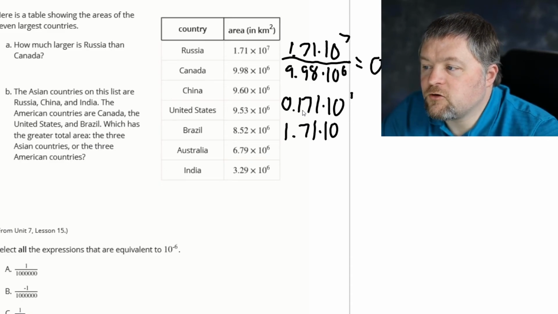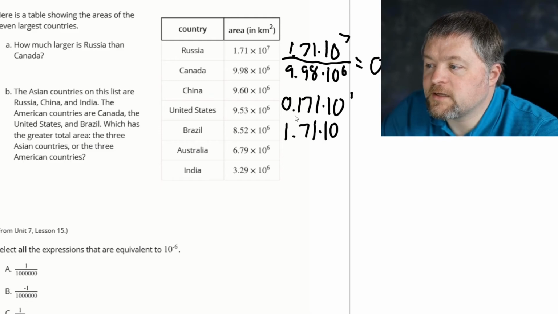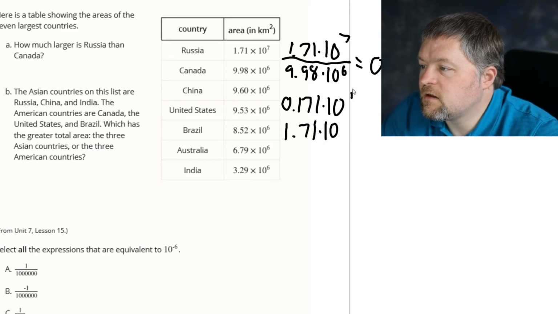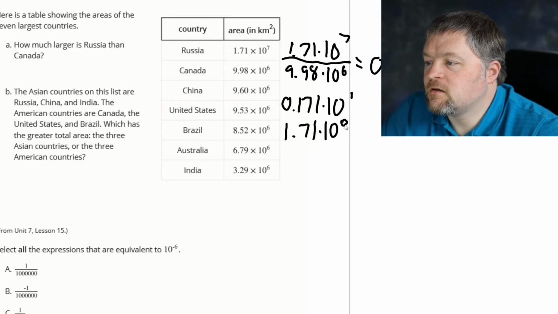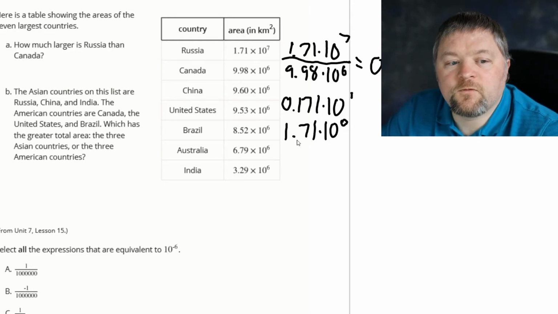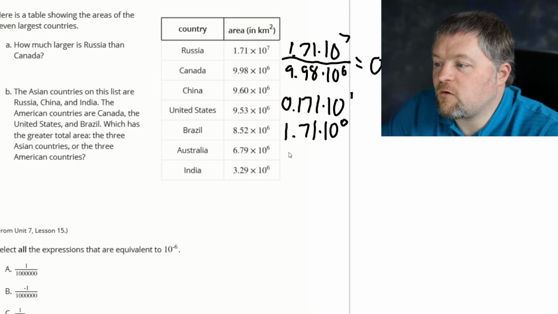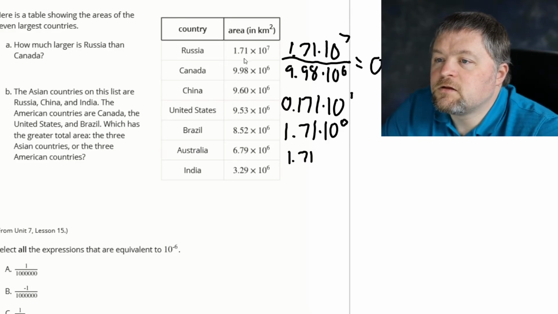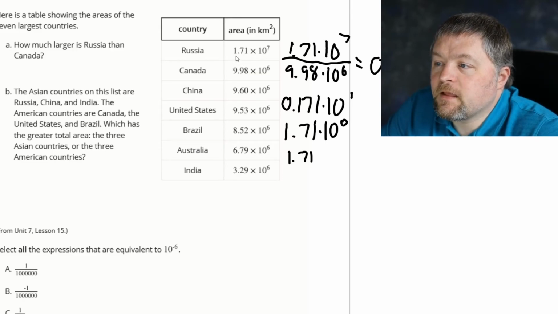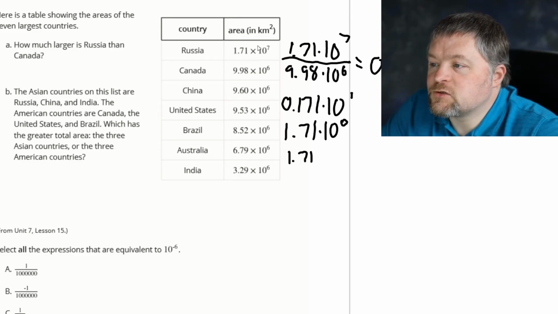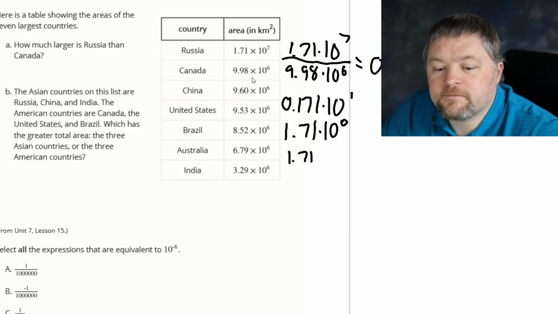Well, we had to move this decimal place one spot to the right. That means we have to subtract one digit from here. So that would be 1.71 times 10 to the power of 0, or just 1.71. So the area of Russia is 1.7 times larger than Canada.